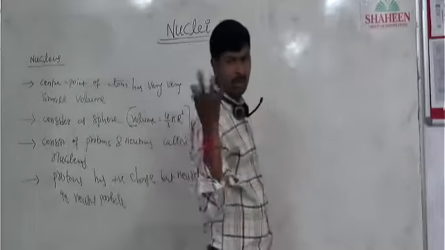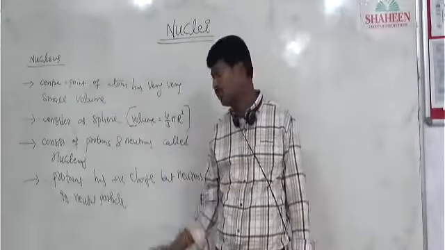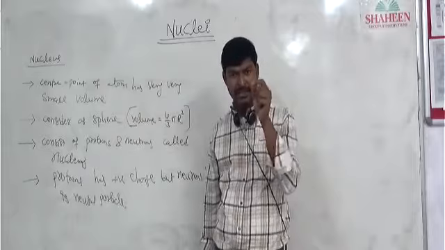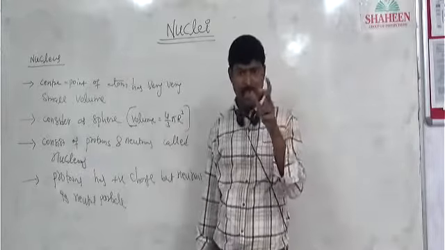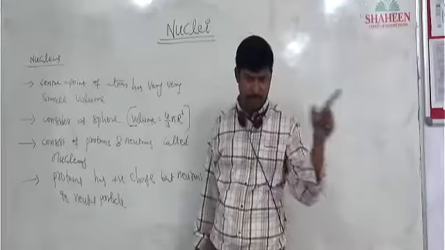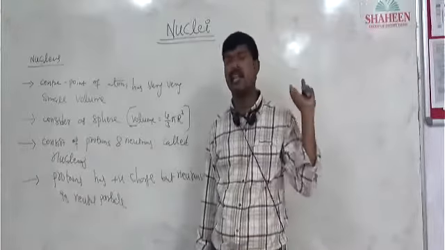So neutron has no charge, no positive charge, no negative charge. That means neutron, when it is passing through an electric field or a magnetic field, won't deflect in any direction.